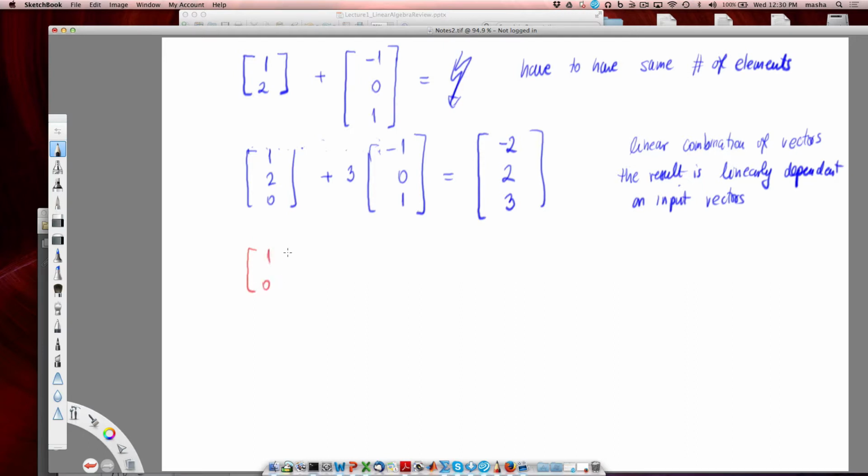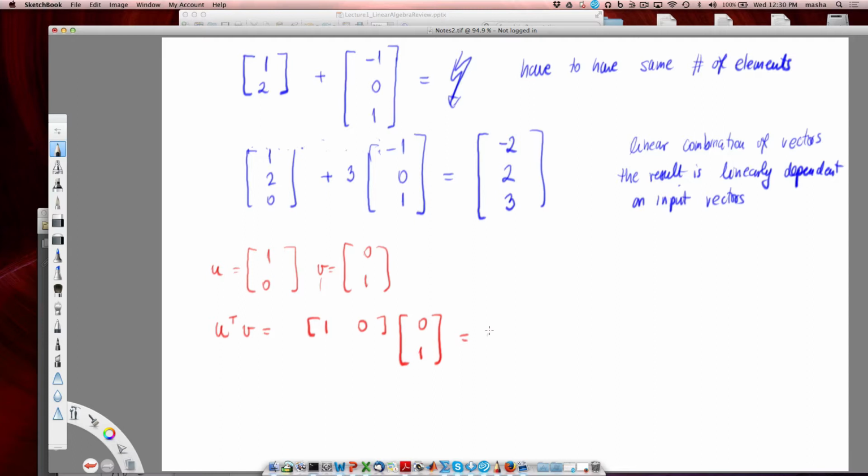1, 0 and 0, 1. So this is my U, this is my V. U transpose V is basically taking a product like this. I go first element times first element plus second element times second element, and I keep going if I have more elements, but here I have only 2.